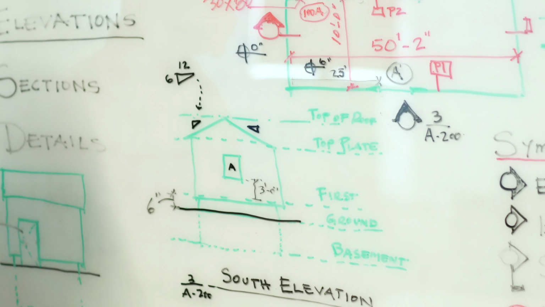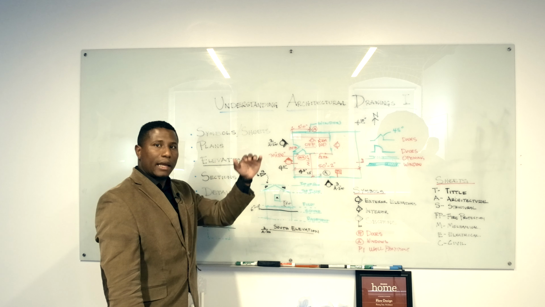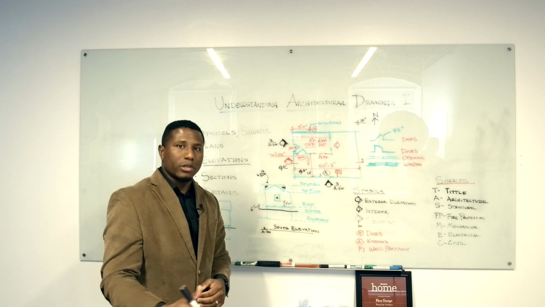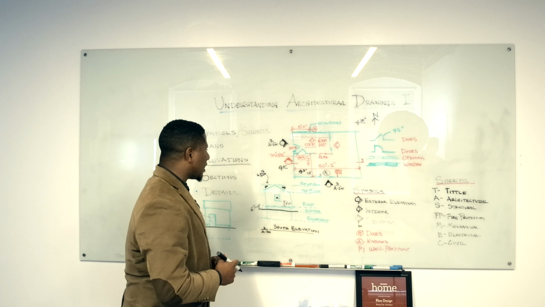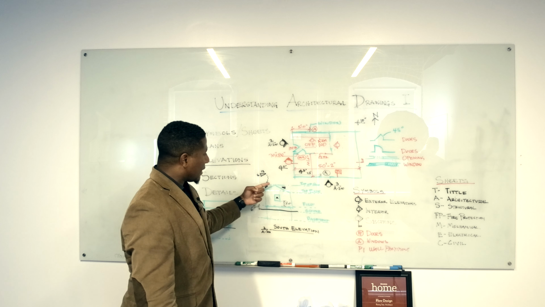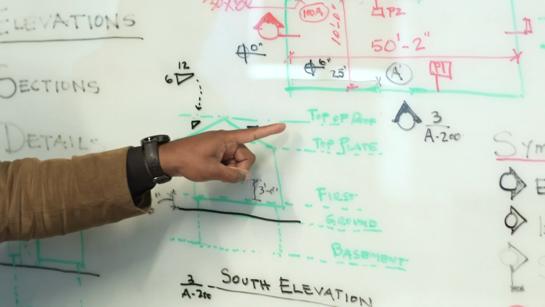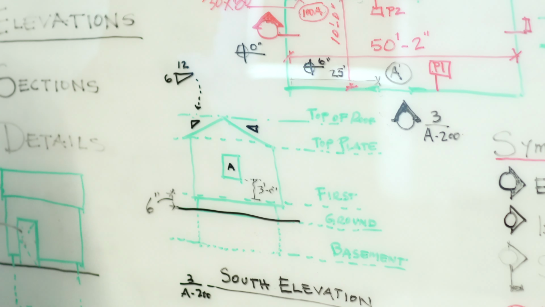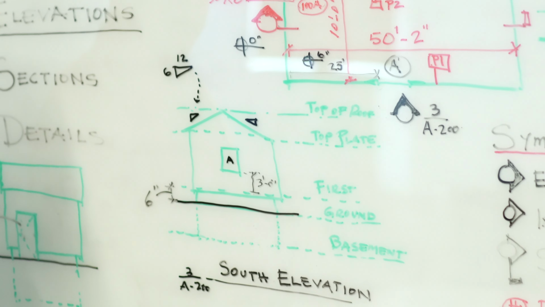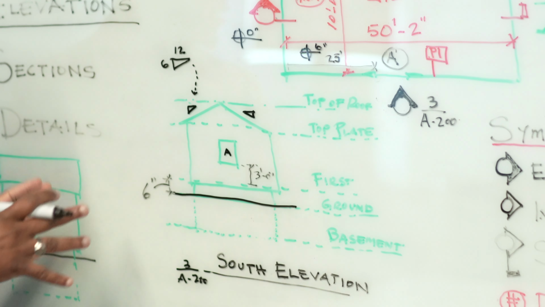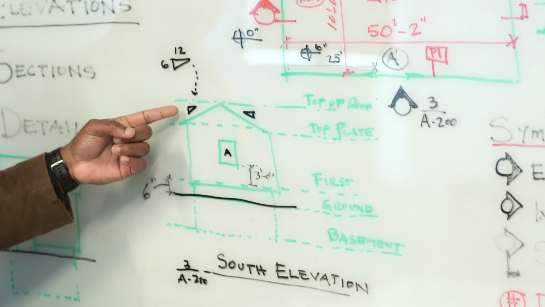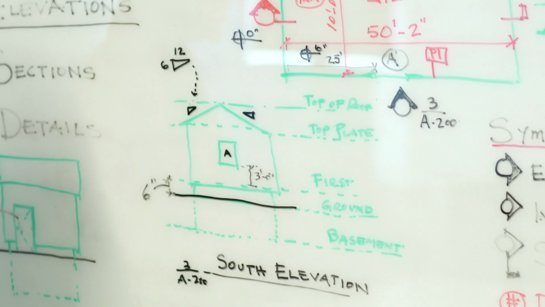Very important to understand the concept of top plate when we're talking to framers and people that are on site. And you can understand the top of your roof. But not just the top of the roof, you can understand in the exterior elevation of this south area of your building the angle that roof is designed at.